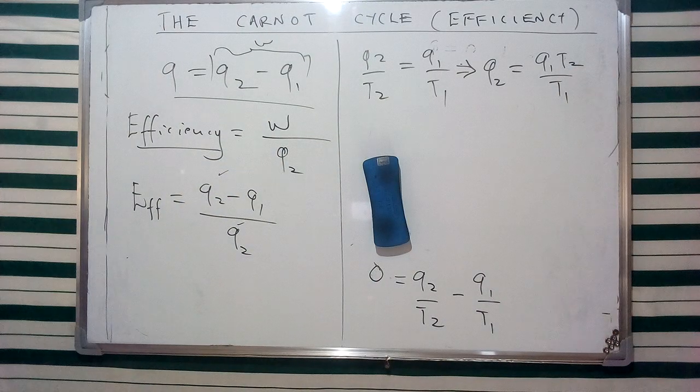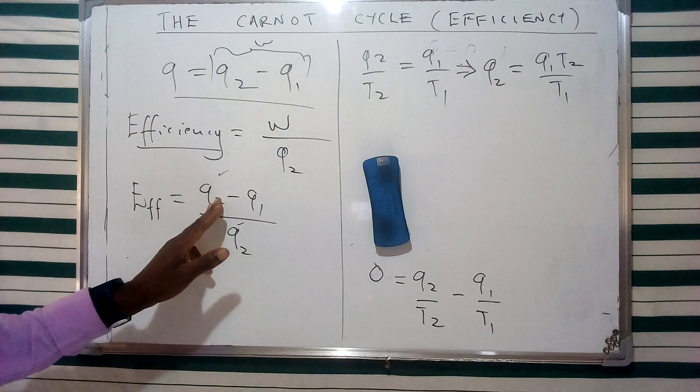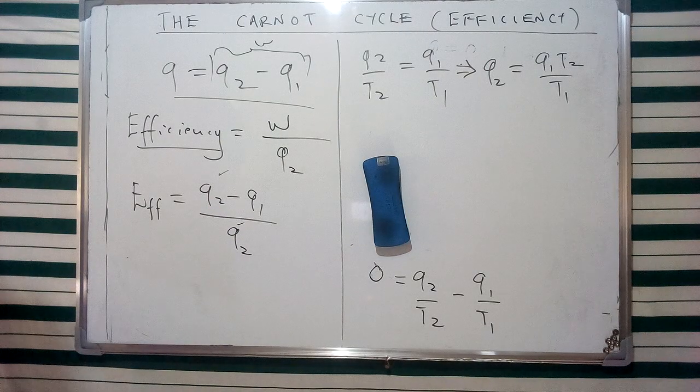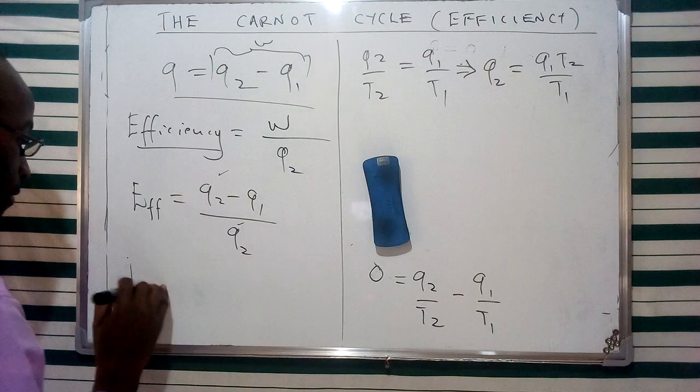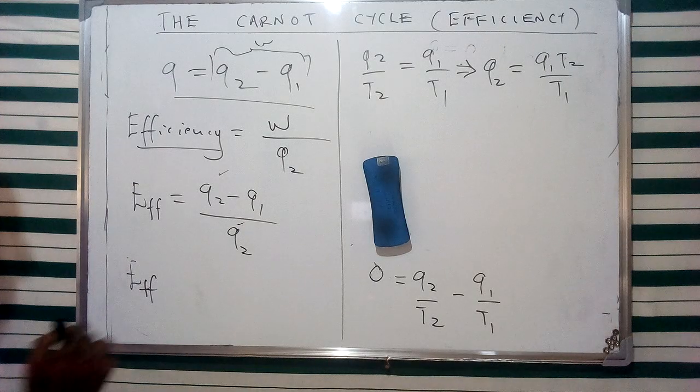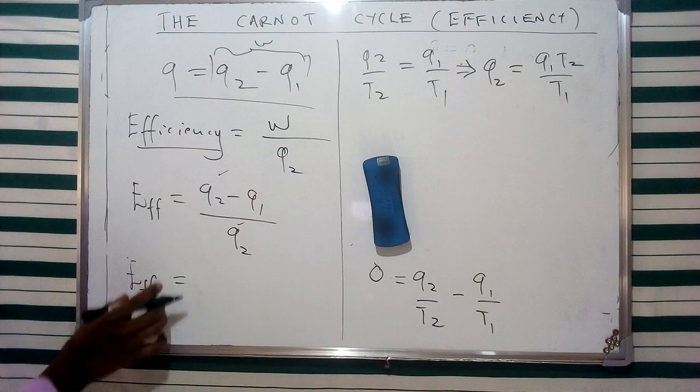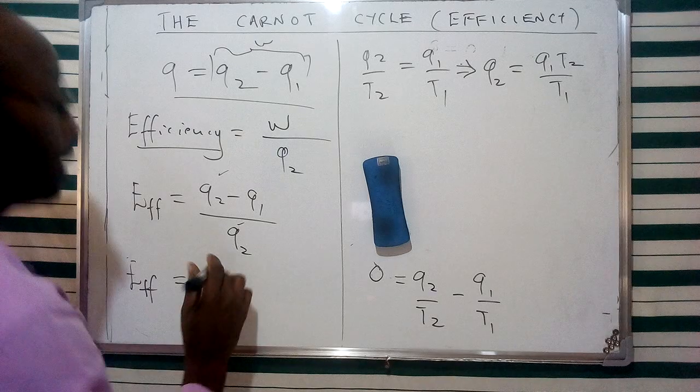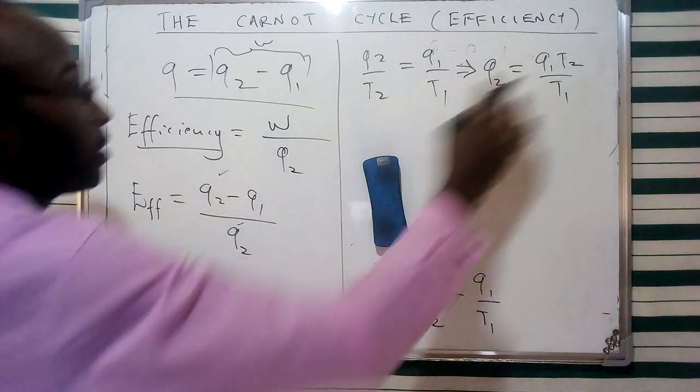So we can do a substitution of the value of Q2 from this representation, into the efficiency, just putting a symbol for that. This is going to represent efficiency, where Q2 is given as that.